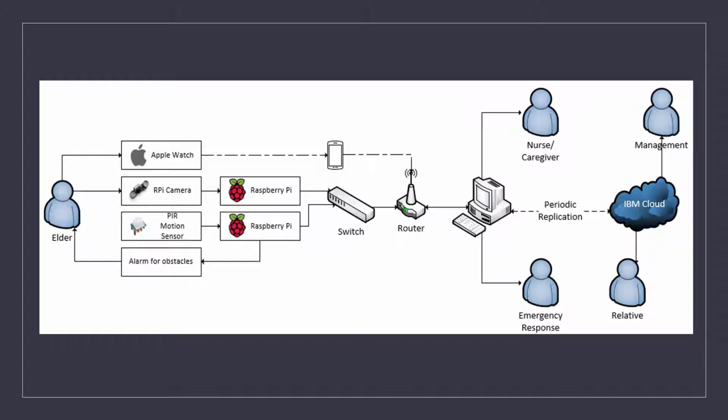The aggregating device is a computer which will run software that has a CouchDB database. CouchDB is a NoSQL DB which is designed for distributed computing. We'll use IBM Cloud's Cloudant, which is also a NoSQL DB based on CouchDB. These two replicate seamlessly and could be configured to replicate once in a while.